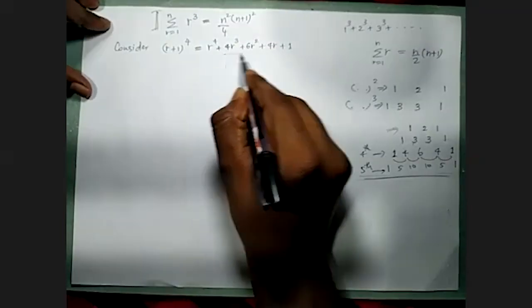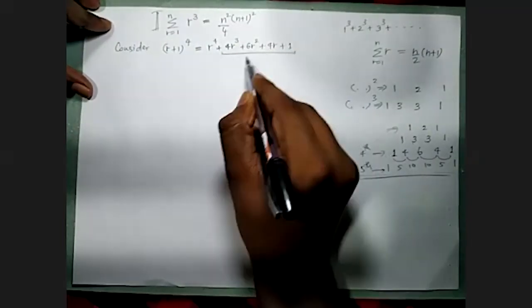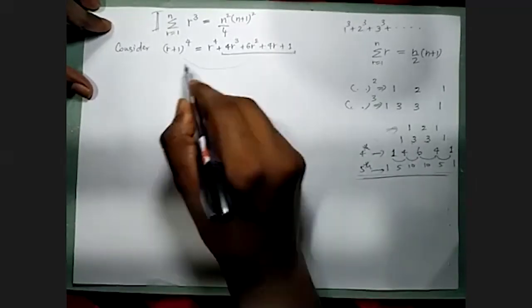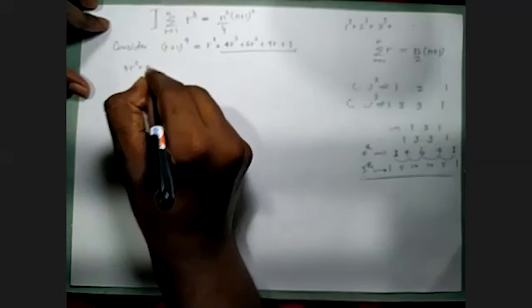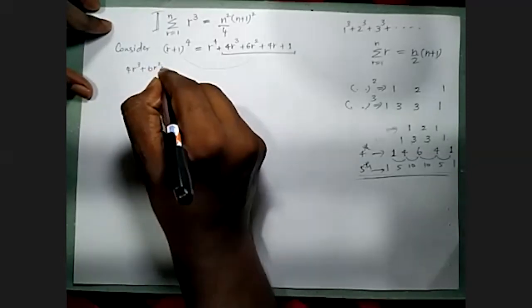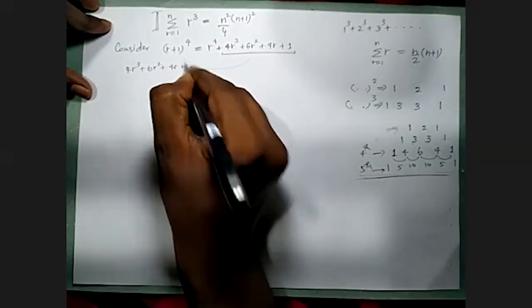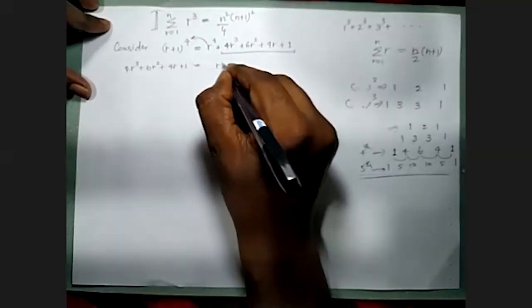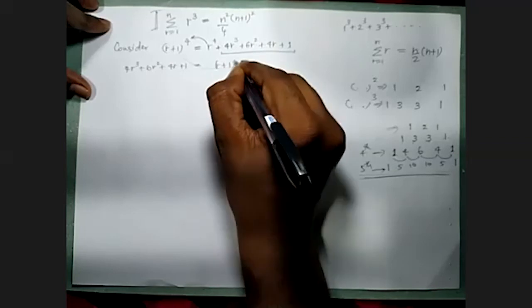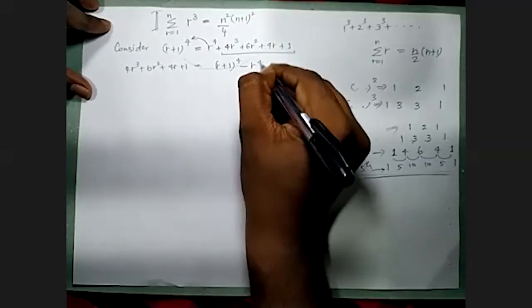Now take these terms and write in left hand side. That is the pattern. And take r to the power 4 here. Then here we have r plus 1 to the power 4 minus r to the power 4.